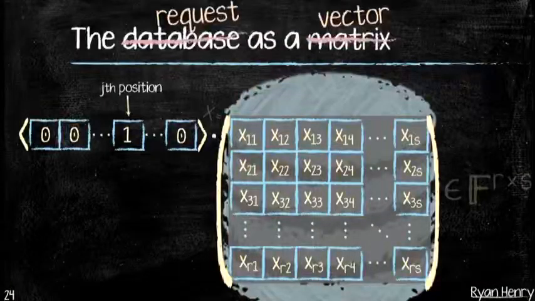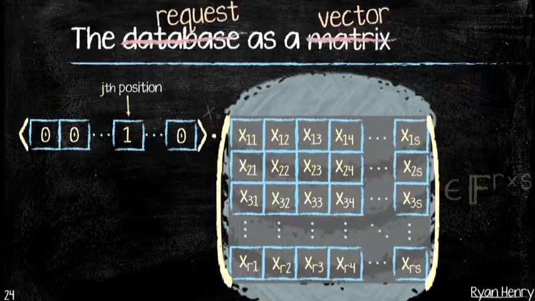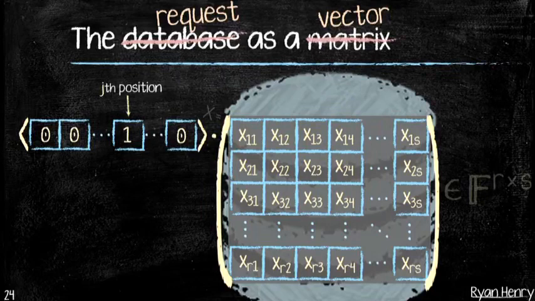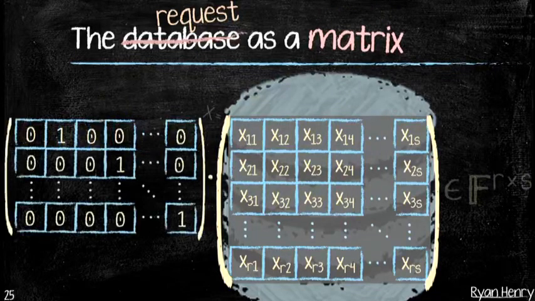So how might we do this? Let's go back to the basic idea. The basic idea was we're going to take one of these standard basis vectors and multiply it by the matrix, but we're going to use secret sharing to split this computation up. If you wanted to fetch several blocks, you could send all of these requests simultaneously as one big long matrix.